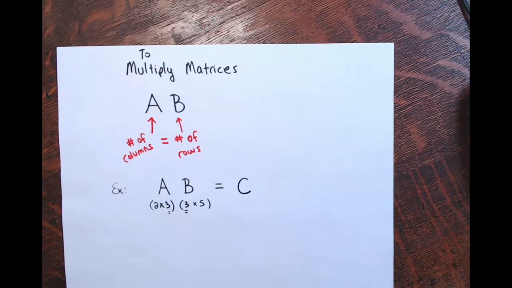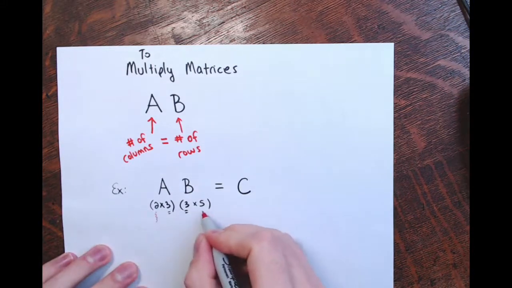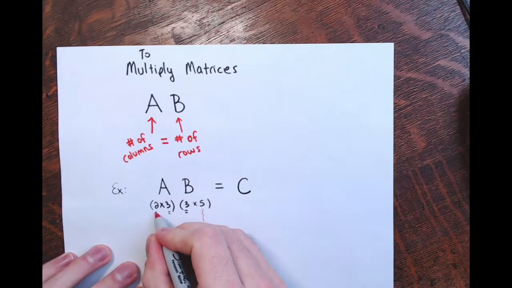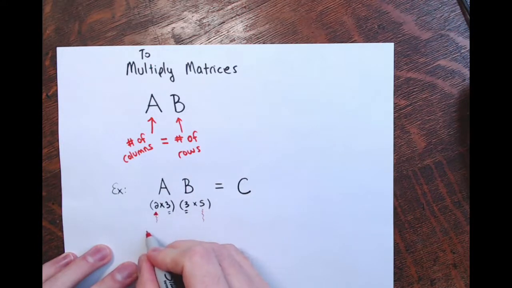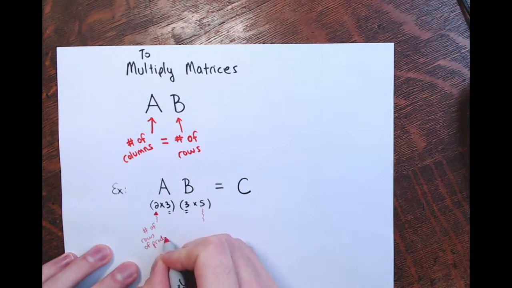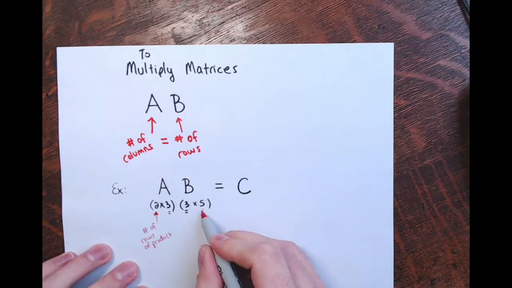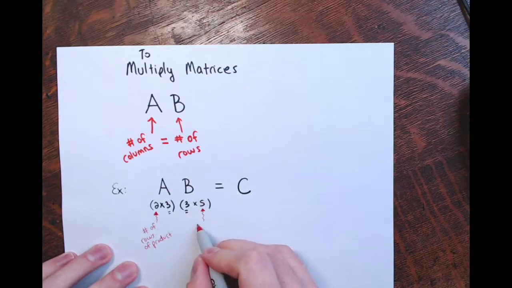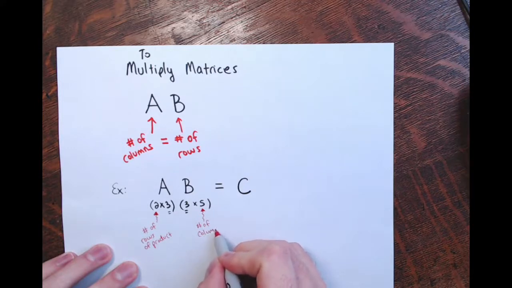the size of the product will be determined by these outer numbers. Okay, this first number, the number of rows of the left matrix, will be the number of rows of the product, and the number of columns of the right matrix will be the number of columns of the product.